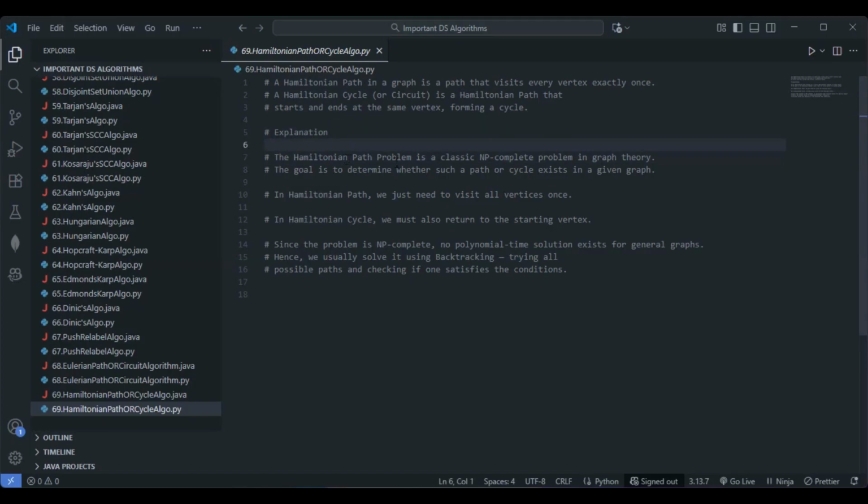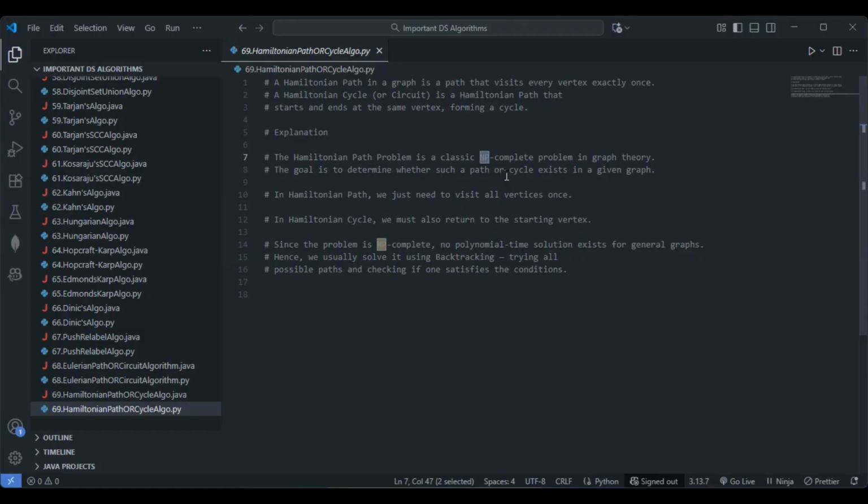The Hamiltonian path problem is a classic NP complete problem. NP means non-deterministic polynomial time. Usually you would have heard this term whenever the problem is very tough.